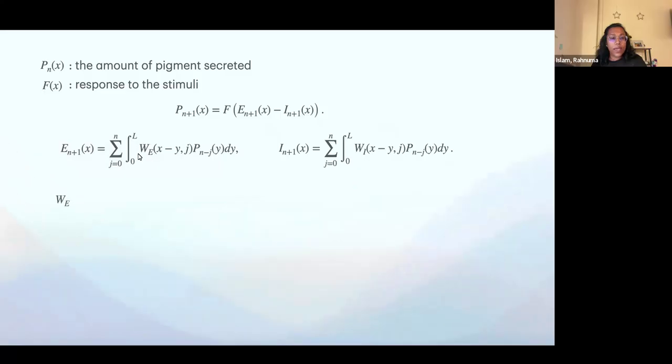Here, W_E is the excitatory kernel, and W_I is the inhibitory kernel, and P is the actual pigmentation from the previous step.